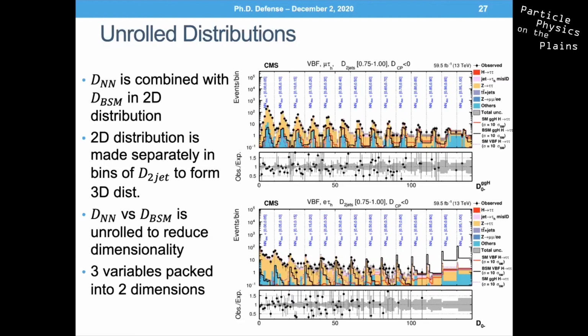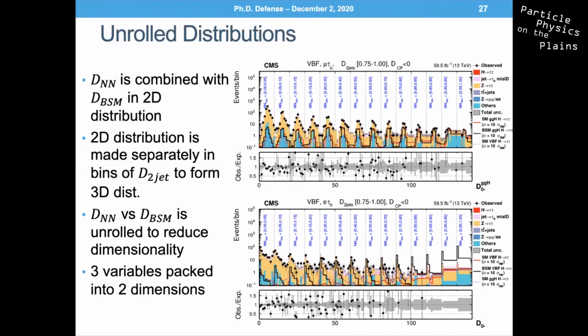The Higgs combine tool that we use doesn't handle 3D discriminants. So what we want to do is unroll the neural network and the beyond the standard model MELA discriminants into one dimension. You can see here how this works, where looking at the top plot, you can see in blue we've got different neural network bins.